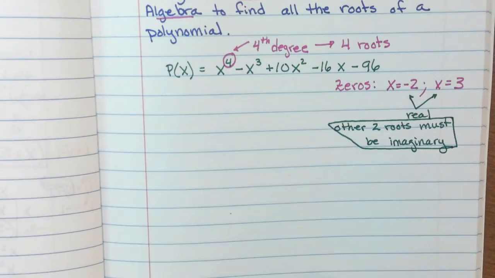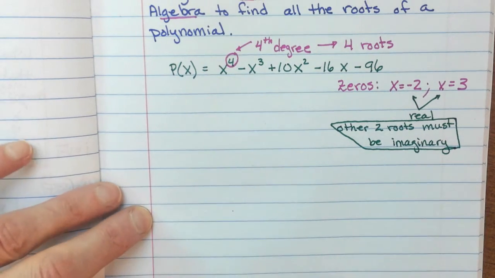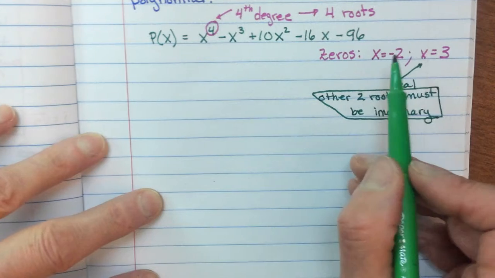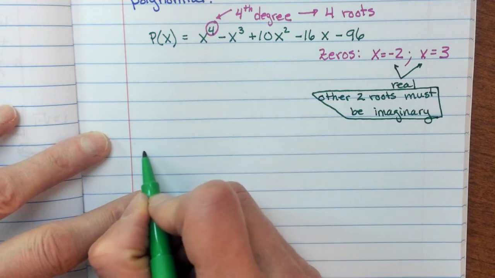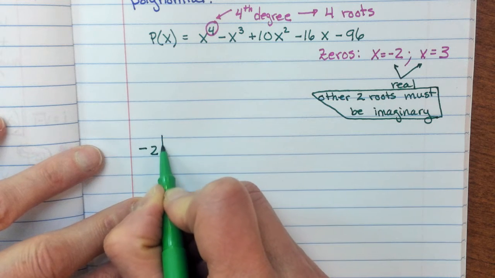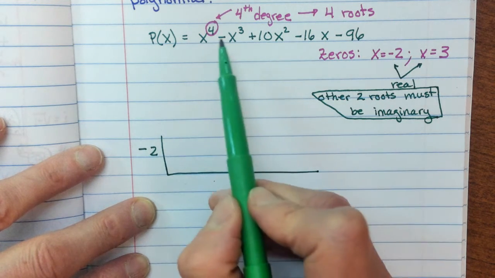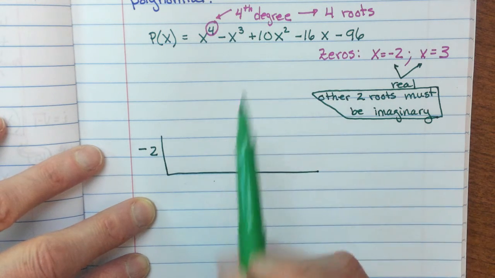To do this problem, because I'm given the zeros, I'm going to actually do synthetic division. I'm going to do it in a special way. Since I already have my zeros, I'm going to use my first 0. Let's put that here, -2. And then I'm going to put my coefficients for each of my positions.